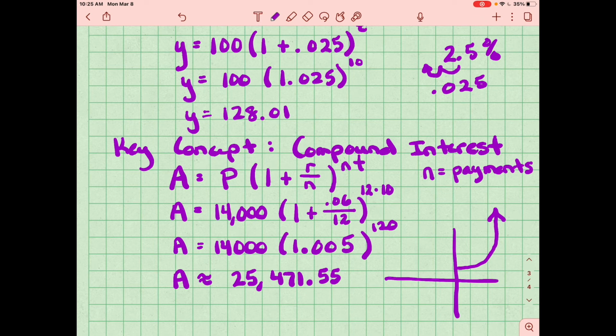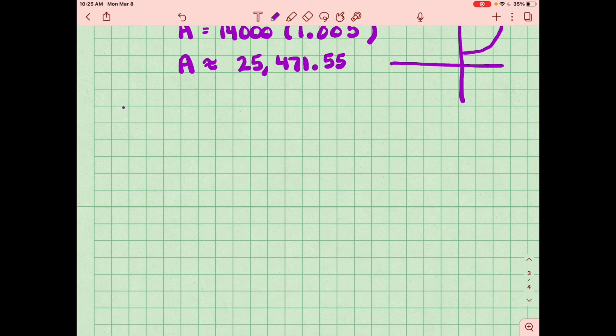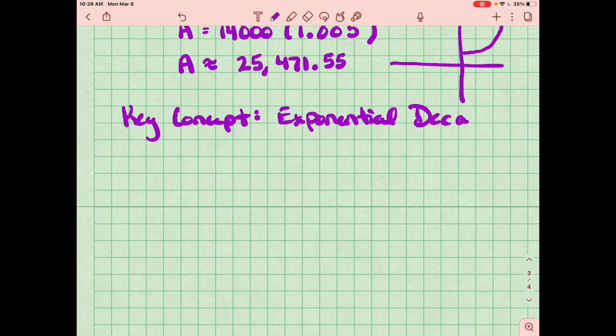All right, so compound interest is a great example of exponential growth. Let's talk about exponential decay. So this is another key concept. We're going to talk about exponential decay.